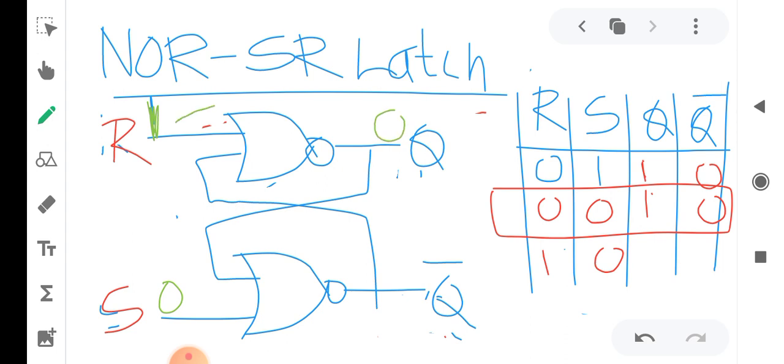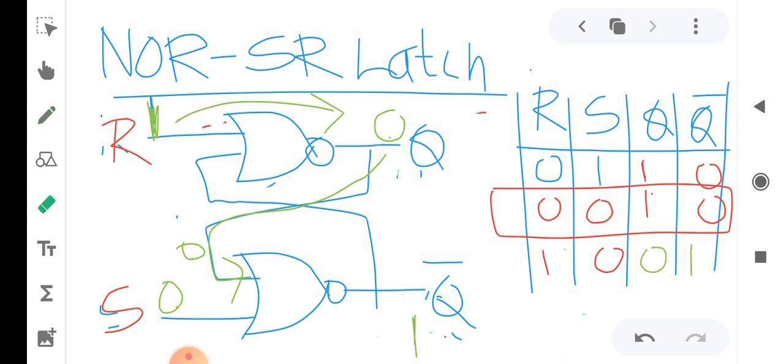Input is higher, the output will be lower. So this lower output is being fed as an input to the S gate. So this 0 is being fed here. 0 plus 0 is 0. 0 complement is 1. So for this one we have 0 and here it is 1.